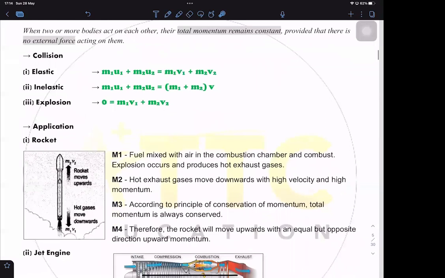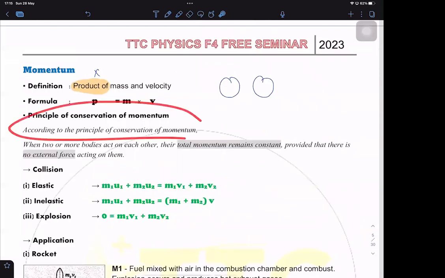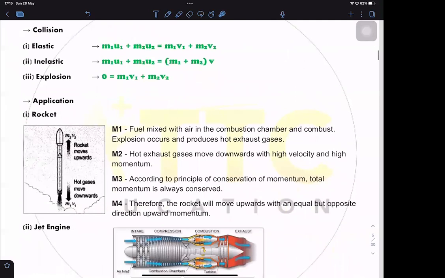Okay, we will come up with many applications of it. And you need to know how to explain this explosion occurring. So according to the explosion equation, according to the principle of conservation of momentum, when something goes down, something else must go up. When something goes forward, something must go backwards.